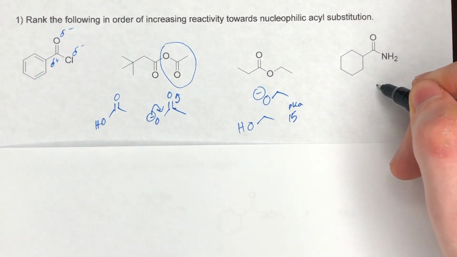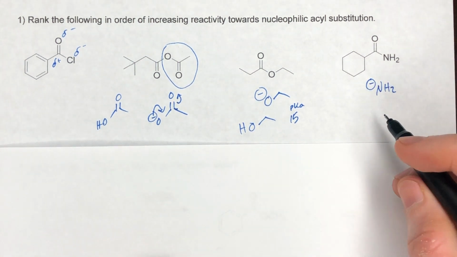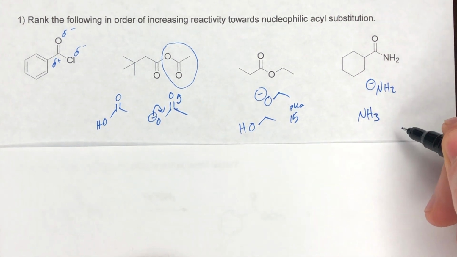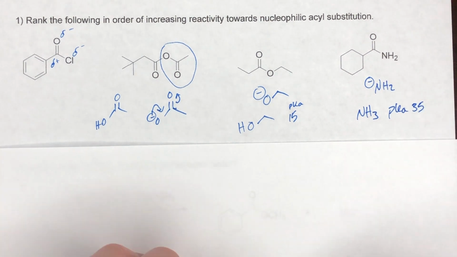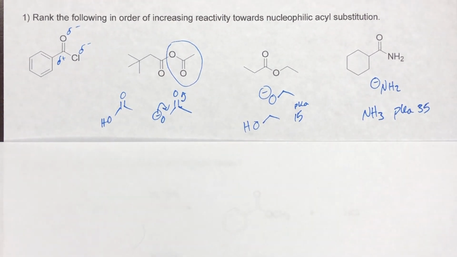Then if we move to the amide with the nitrogen group here, this is an extremely strong base. The pKa of ammonia is like 35 to 40, I'm not exactly sure, but it's extremely high. So the point is the conjugate base there is an extremely strong base, so it's a horrendous leaving group.